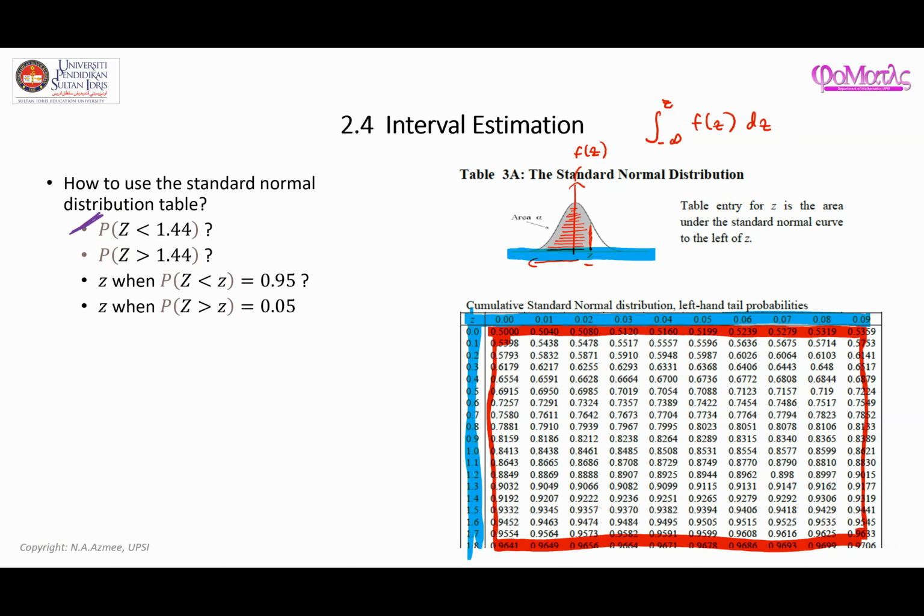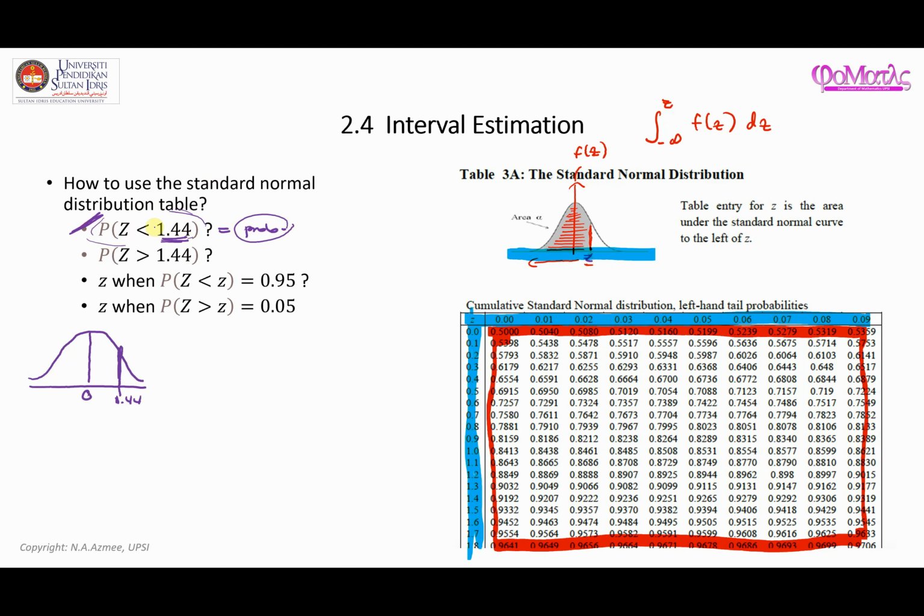We know the standard normal distribution has mean 0, so 1.44 is the value of Z, somewhere here. The result is going to be a probability.